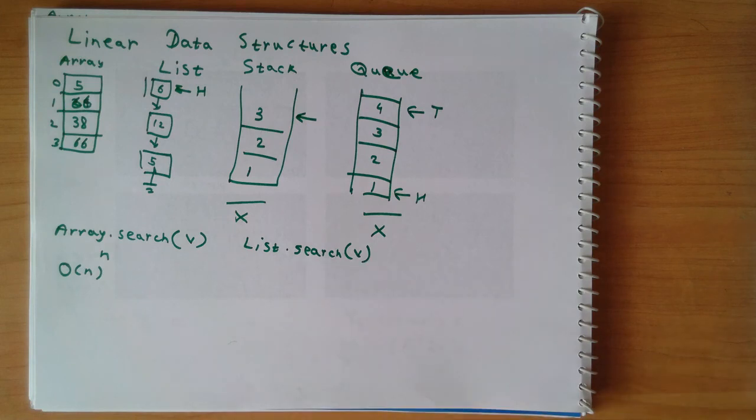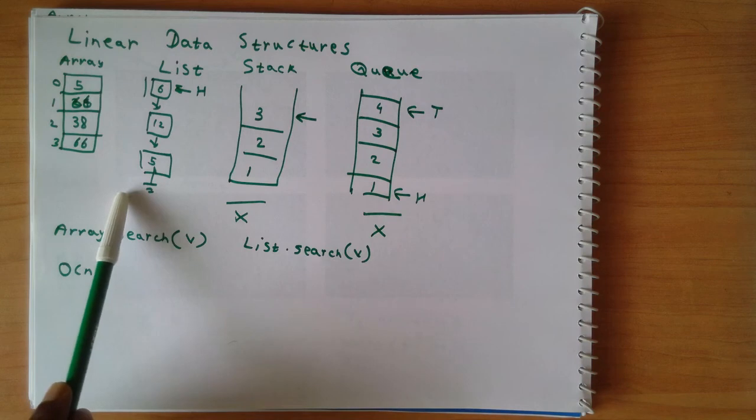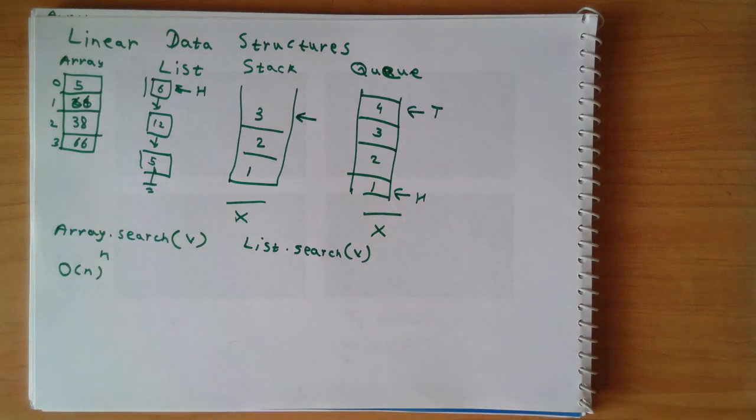Okay, so let's again define the behavior of this search function. So we'll say that if I'm trying to find a value in my list, if I fail to find the value, I'm going to return a null pointer, indicating that I could not find the value. In case I can find the value, I will return the address of the node where I could find the value.